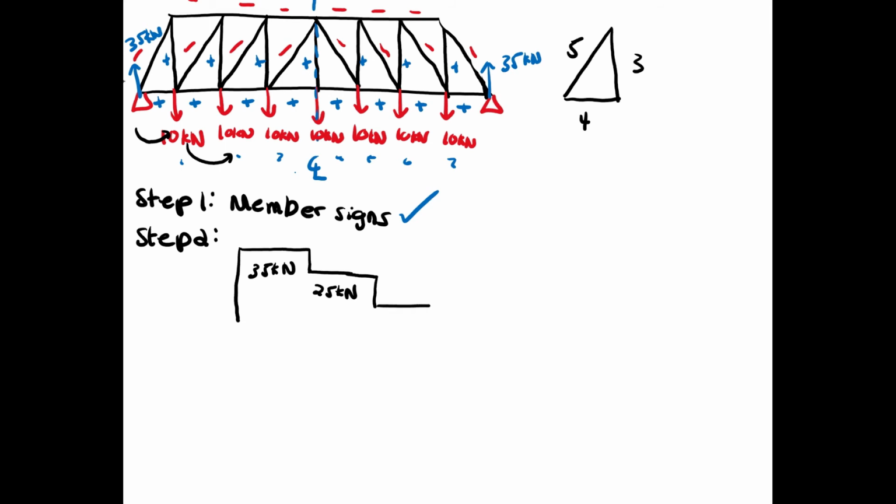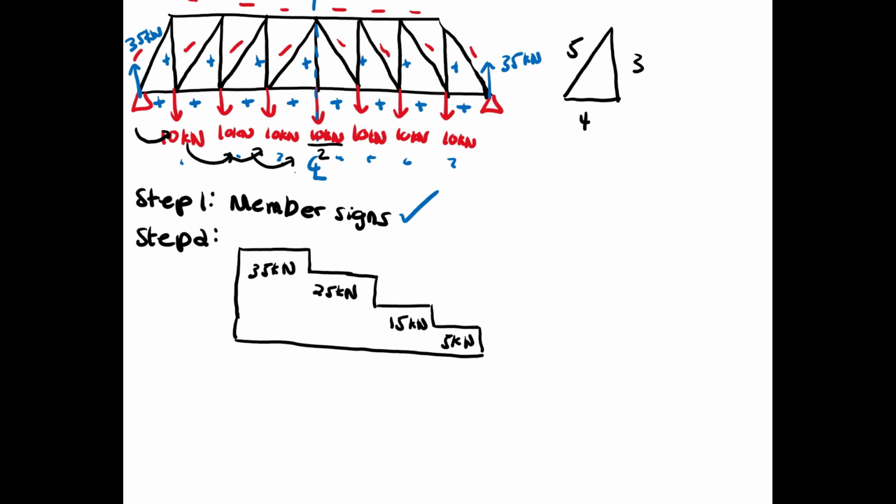And then we have 15 kilonewtons as we move from here to this joint, sorry. We're subtracting another 10, so we have 5 kilonewtons. And then once we finally get to the center line, which we should be assuming has a value of 10 kilonewtons divided by 2, we will arrive at 0.